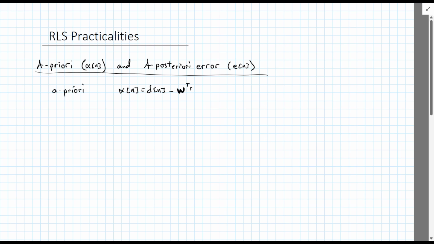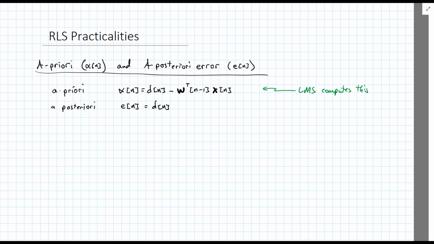It's just our desired signal minus the weights that we've computed to date prior to our update times our input signal. Of course, the LMS algorithm doesn't really compute that because it's going to have different weights, but it's the same form of the equation.